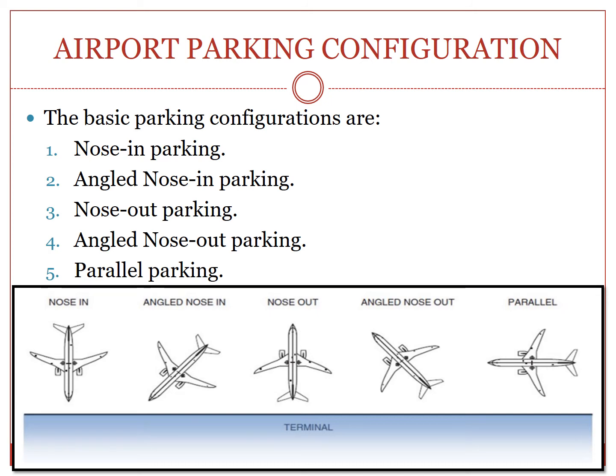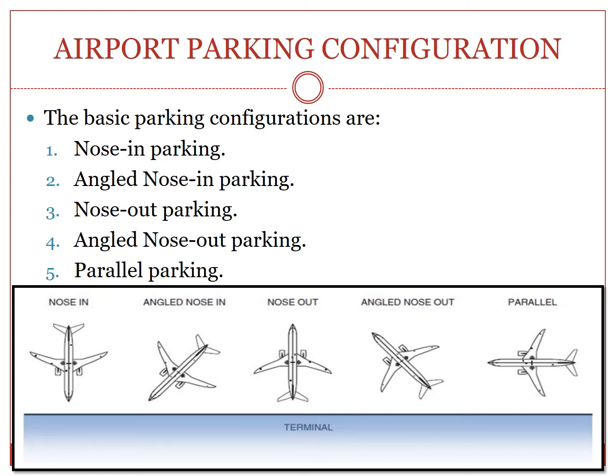Now I would like to say the advantages of nose in and angled nose in parking. These require less apron area, less noise while taxiing. Hot blast is not directed towards the terminal building. The aircraft forward door is close to the terminal building and better passenger handling in terms of safety, convenience and comfort.